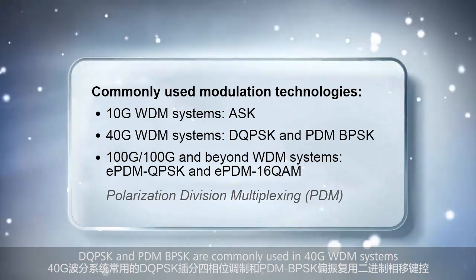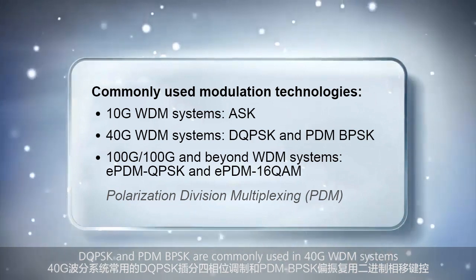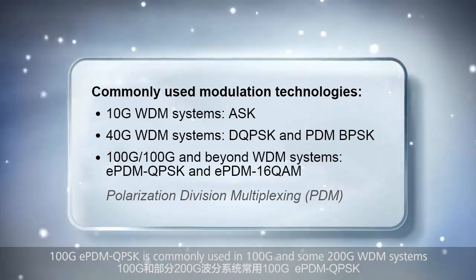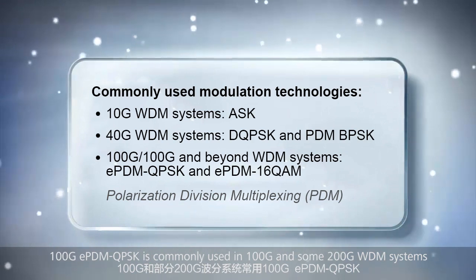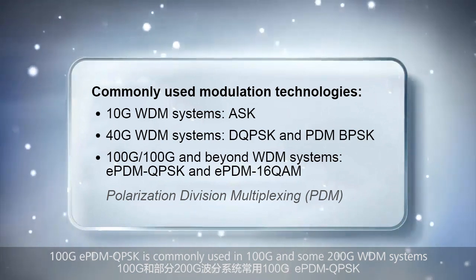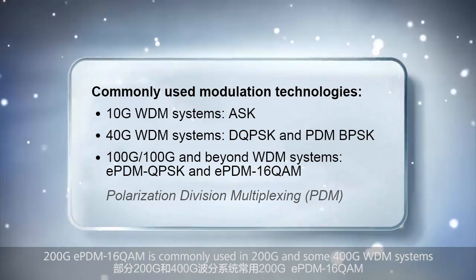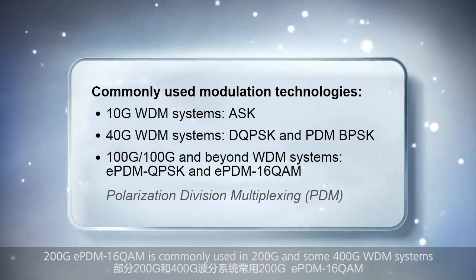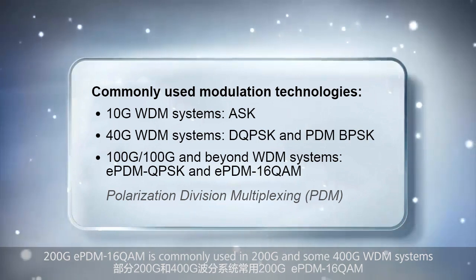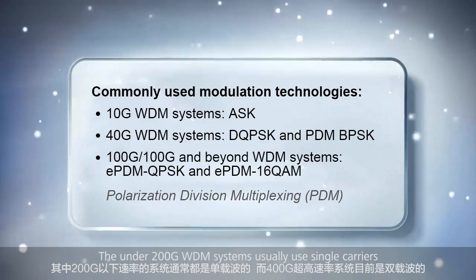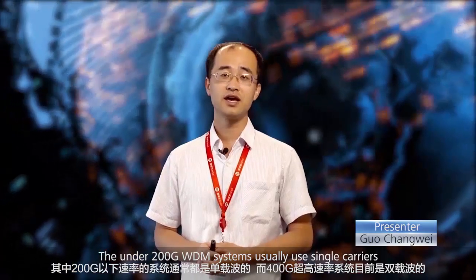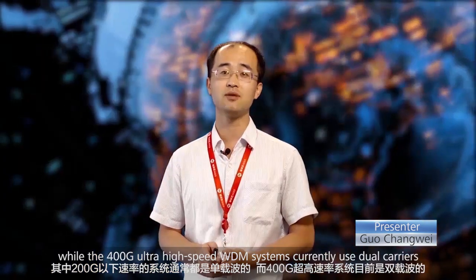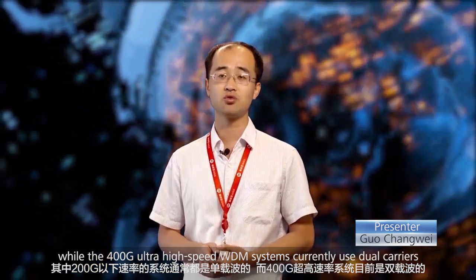DQPSK and PDM-BPSK are commonly used in 40G WDM systems. 100G EPDM QPSK is commonly used in 100G and some 200G WDM systems. 200G EPDM 16QAM is commonly used in 200G and some 400G WDM systems. The under 200G WDM systems usually use single carriers, while the 400G ultra-high-speed WDM systems currently use dual carriers.